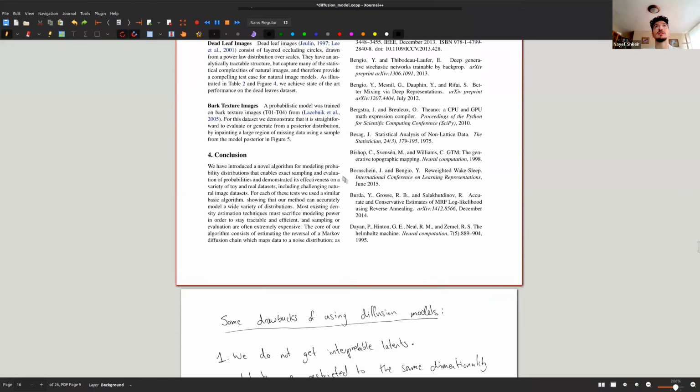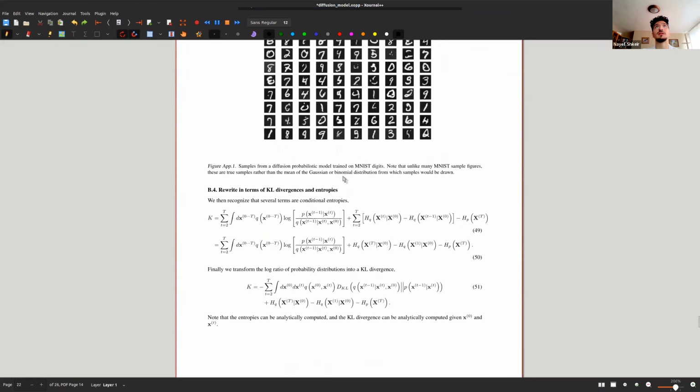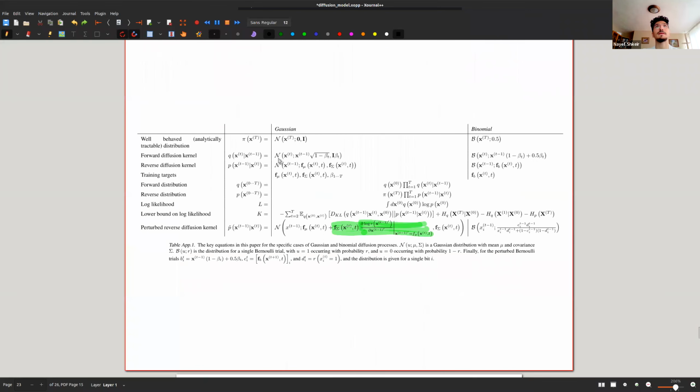They show it nicely at the end in the appendix. So your p is going to be some mu and sigma that you calculate from your neural network, and you update x_t with those to give you x_{t-1}. It doesn't know about any other outcomes. It's completely Markovian.